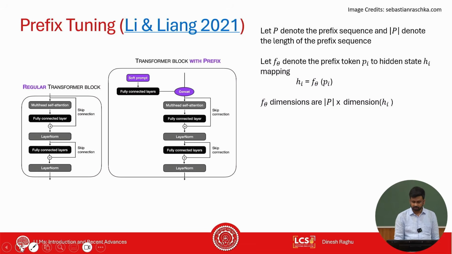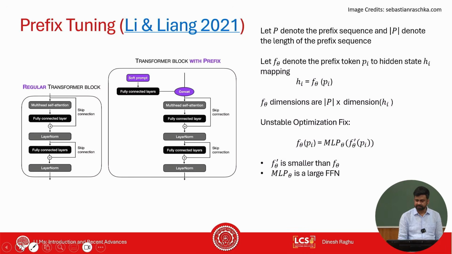So what the authors found is that if you use this particular f theta to parameterize your prefixes, it results in unstable training. What we mean by unstable training is that the weights may get changed so much that it breaks the whole training process. Your gradients hit the max, or hit 0, or go too low. So this results in unstable training.